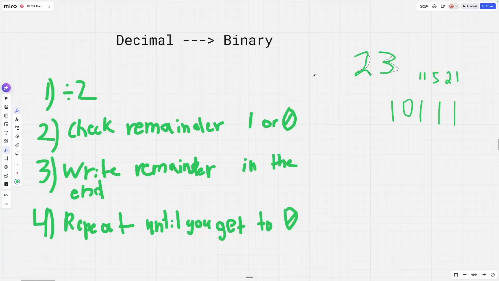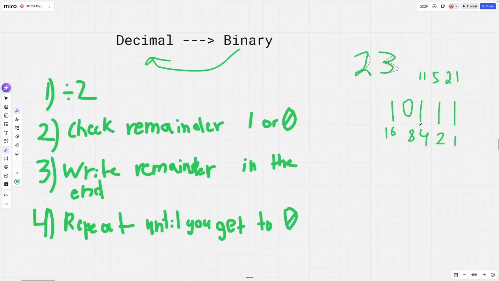Now it's a good practice to know how to convert the other way around. To convert the other way around, we think of it this way. This corresponds to 1, 2, 4, 8, and this corresponds to 16. Basically 2 to the power of 0, 2 to the power of 1, 2 to the power of 2, 2 to the power of 3, and 2 to the power of 4.